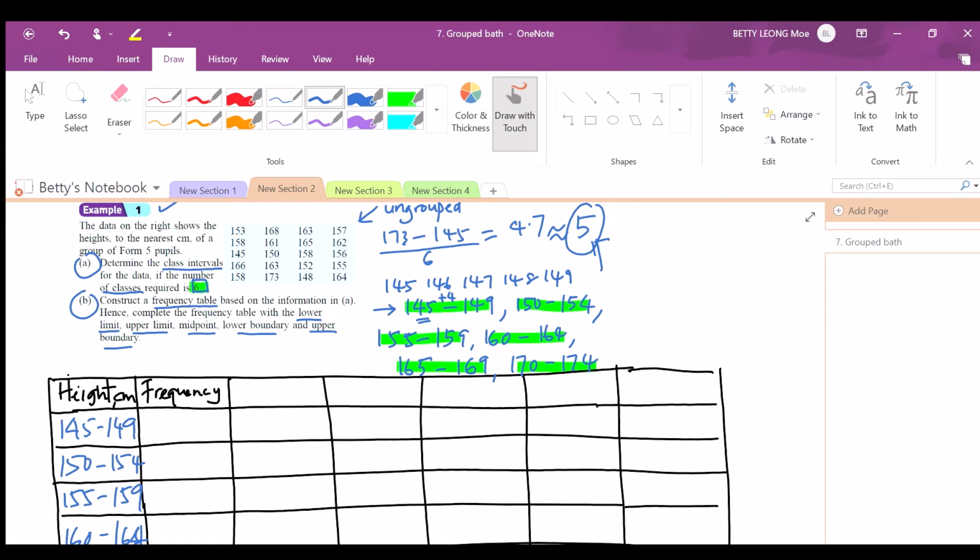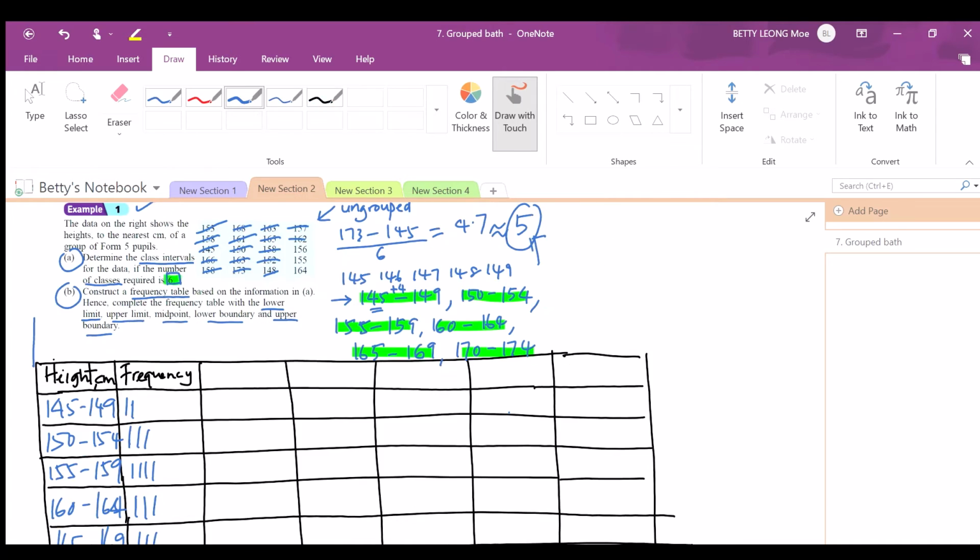You go through this data one by one until you finish tallying. So I will start with this one. 153 will be where? Here, right? Okay, I just write it. Tally it.